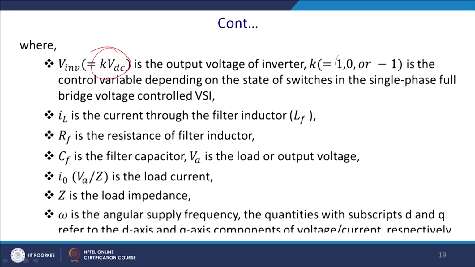IL is the current through the filter inductor LF, and RF is the resistance of the filter inductor, and CF is of course the filter capacitor. I0 is essentially the load current, that is given by VA by Z. Z is the load impedance, and omega is the fundamental angular frequency.